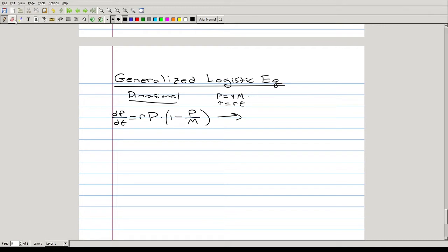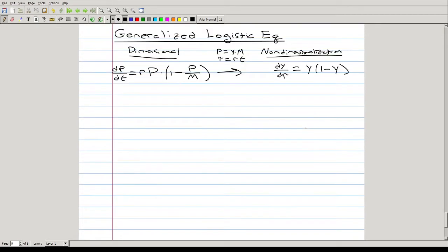So we introduced these new variables, and when we non-dimensionalize, the differential equation that we got was dy d tau equal to y times 1 minus y.